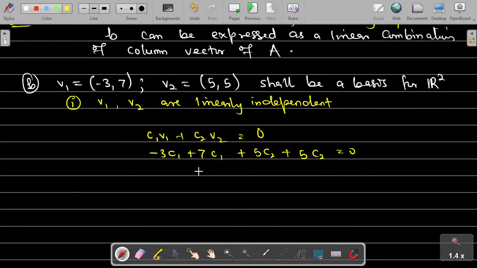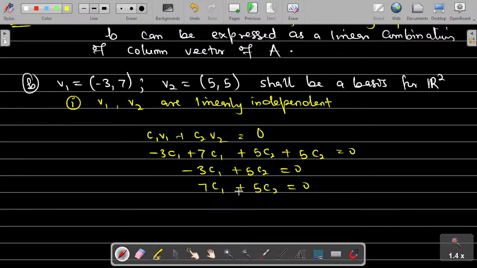So what we are saying is that if minus 3c1 plus 5c2 should be equal to 0, and then 7c1 plus 5c2 again should be equal to 0, then c1 and c2 should also be equal to all zeros.